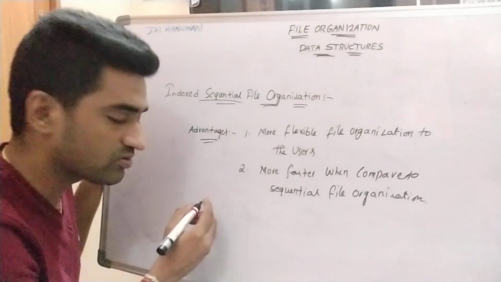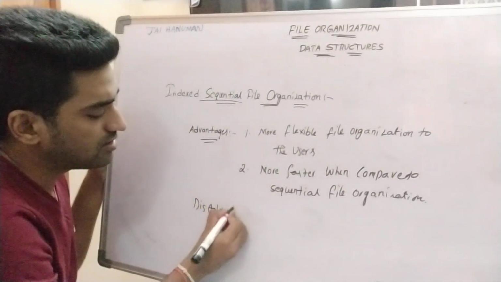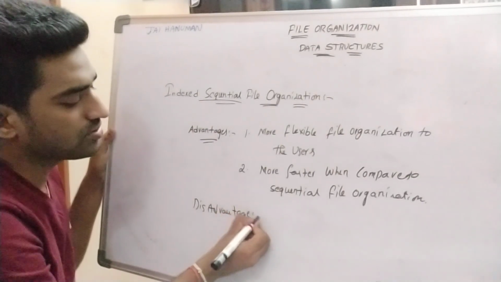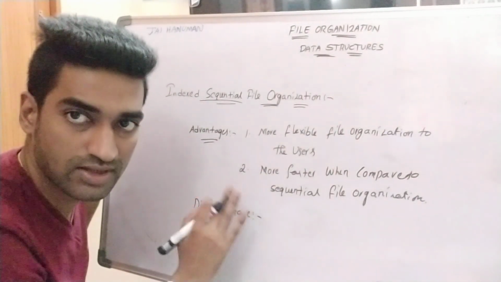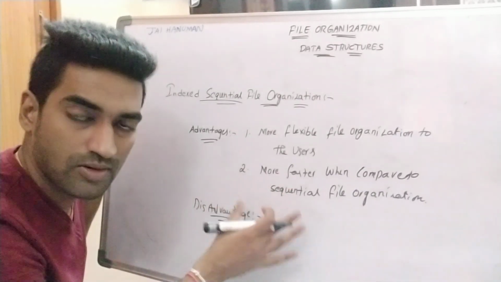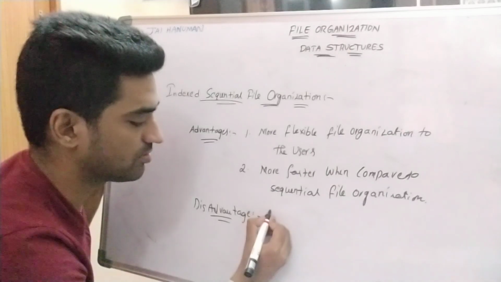Coming to disadvantages, what are the disadvantages? Additional memory, additional storage space is required for storing the index values, the higher index values and lower index values. We require some extra storage space. That is the major drawback, right?